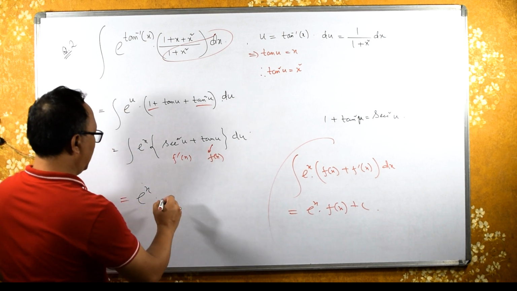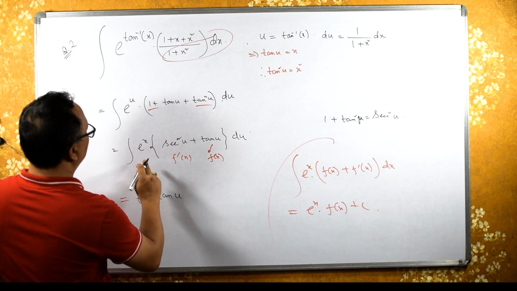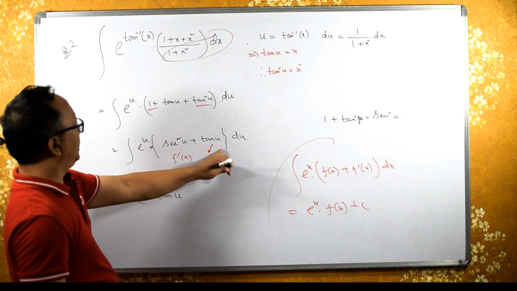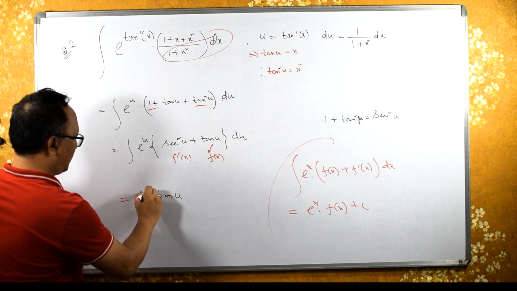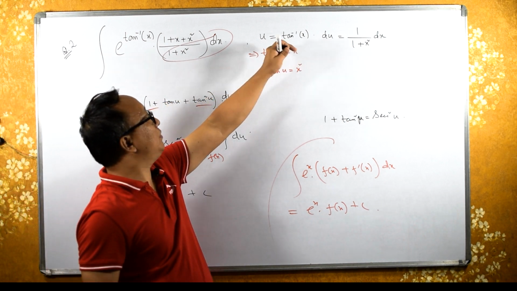Therefore this integral is equal to e raised to x into f x. What is f x? I have tan of u. Here we have e raised to u, so the answer is e raised to u into tan u plus c. Okay, what is u? You come back. u is tan inverse x.